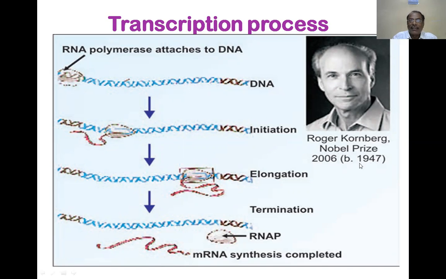And this Kornberg is the son of that Arthur. Both are Kornbergs, so in one family, two Nobels were given. The father and the son both got Nobels, in the same molecular biology field. One discovered DNA polymerase, and the other gave the details of how exactly the transcription process works.